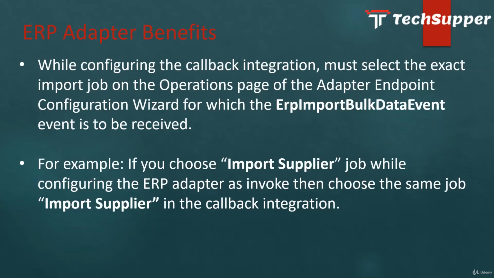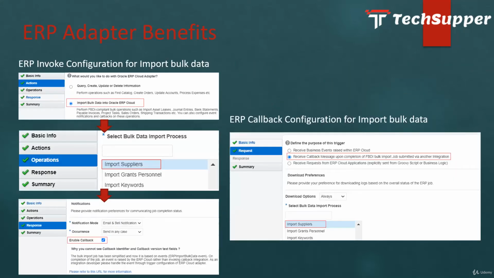In this slide, I have captured a few screenshots of the ERP invoke configuration as well as the ERP callback configuration. When you choose the ERP invoke configuration, in the actions, you choose import bulk data into the ERP cloud. Let's suppose you are trying to use the import suppliers job to import suppliers into the ERP.